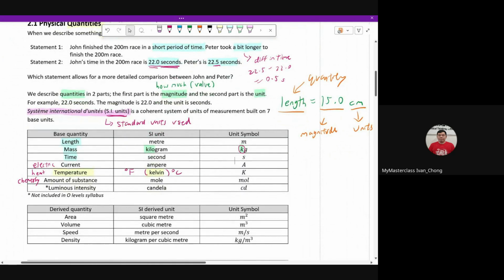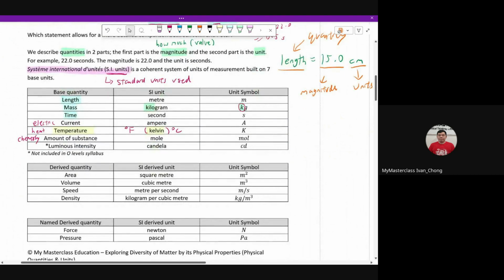You'll notice that for most, if not almost all of the SI units, they are mostly single letters. So if you have multiple letters in front, most of the time this is what we call a prefix. So we don't actually consider that part as your SI unit, except for mass, where we use kilograms. Everyone else should not have any kind of extra letter in front of it. Okay?